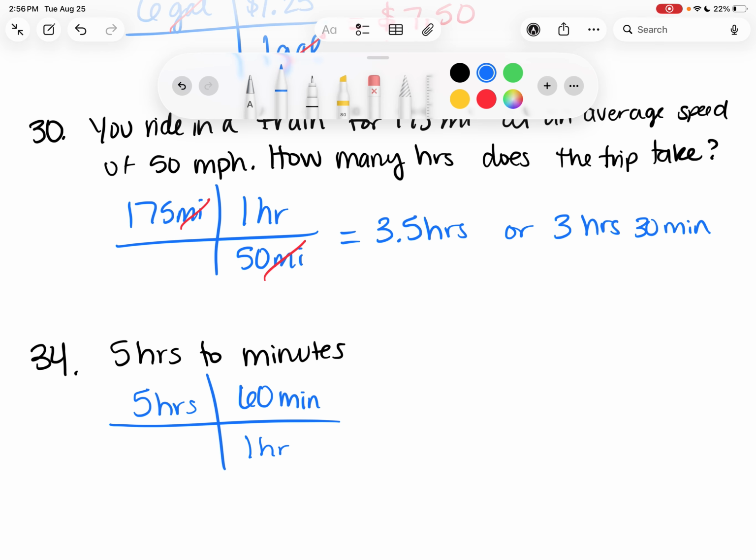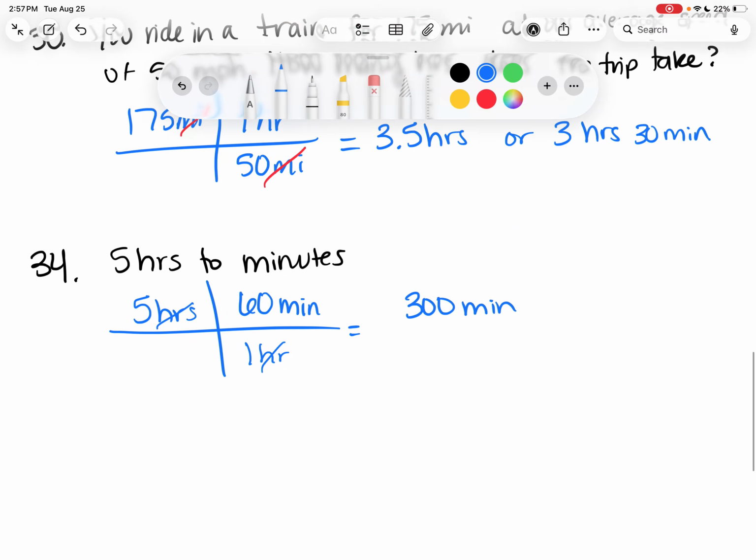We multiply across the top, so 5 times 60. 300 minutes. I was like, 5 times 6, add a 0. 300 minutes.